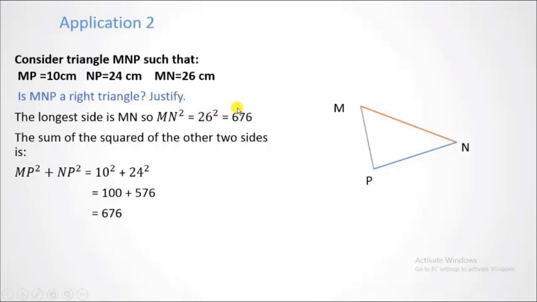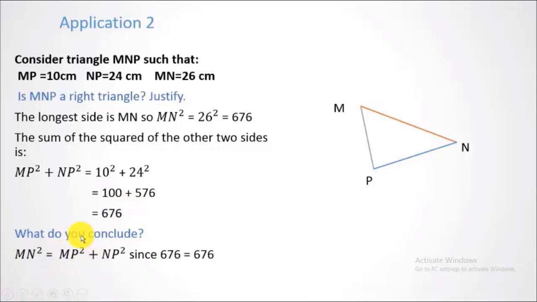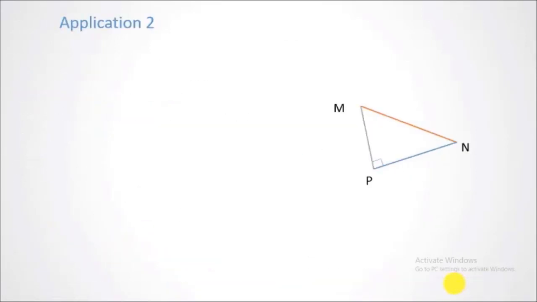So, what do we notice? We notice that MN squared is equal to the sum of the other two sides squared. We conclude that MN squared is equal to MP squared plus NP squared, since 676 is equal to 676. So, can we say that MNP is a right triangle?